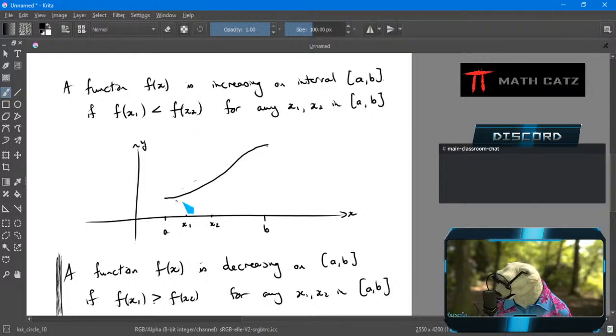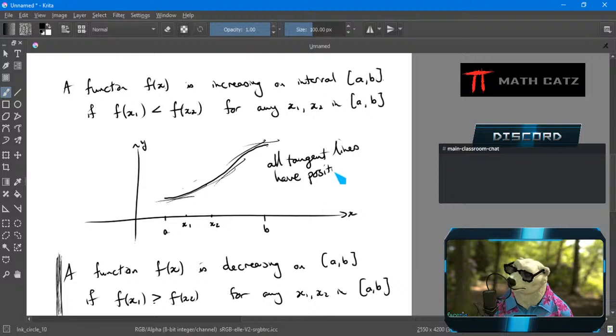Regardless, in this window, what do the tangent lines look like? I have a little flat guy here. He's not perfectly flat. He is still going up. And then he's getting steeper, steeper, steeper, then maybe slowing down a little bit, heading towards flat in this example. But all the tangent lines have positive slope values.